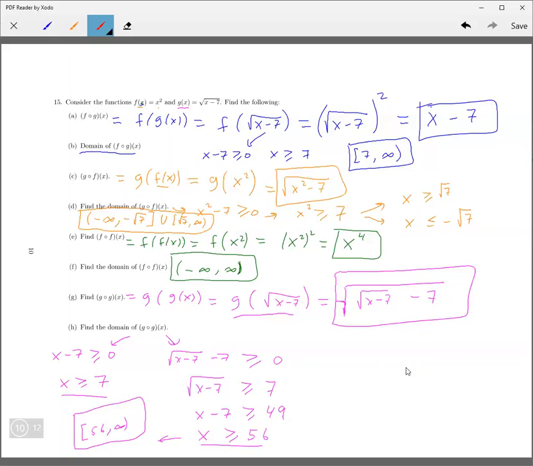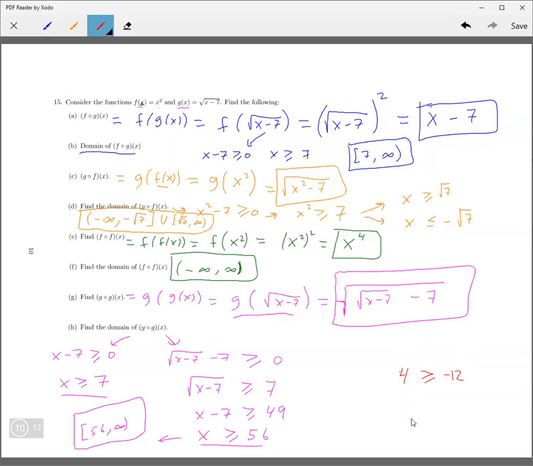Because, for example, let's say we have 4 and negative 12. Okay, 4 is greater than or equal to negative 12, right?